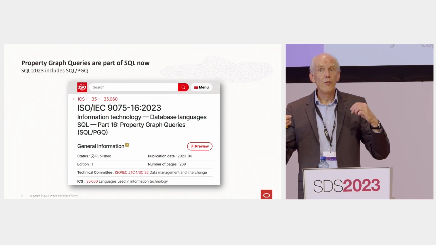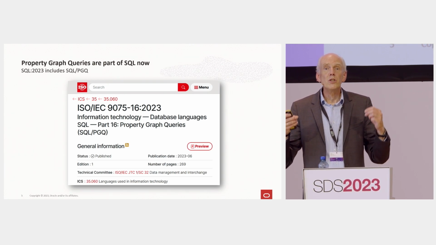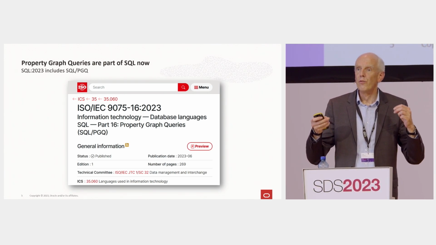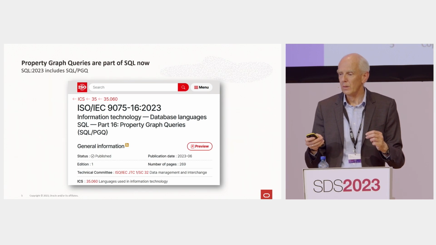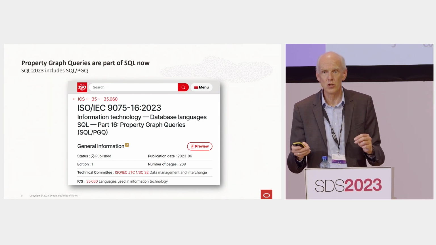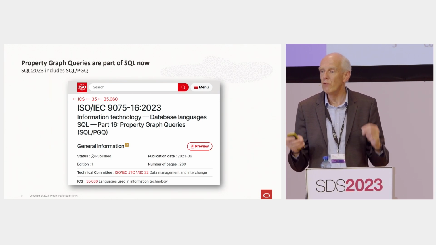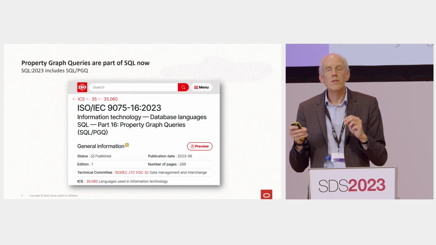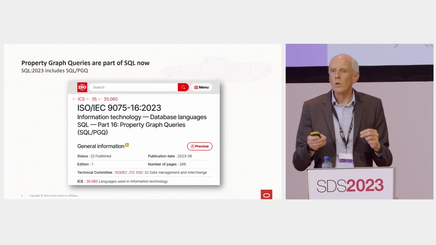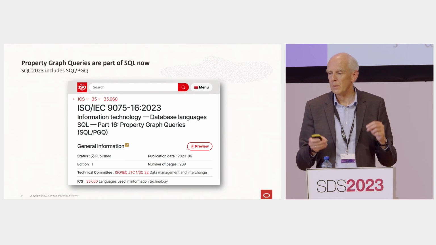Now, until 1st of June, there was no formal standard for a graph query language. But that has changed, and not many people, I think, have actually realized that. On 1st of June of this year, the new SQL 2023 standard was published. It was published as a draft in autumn, and it's now published officially.